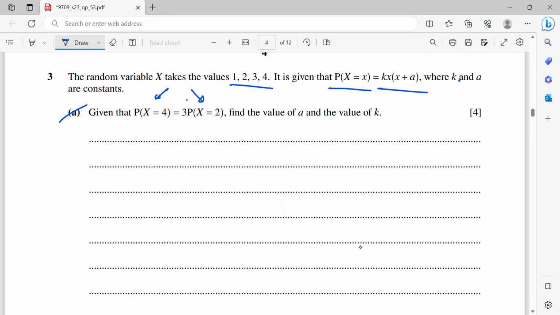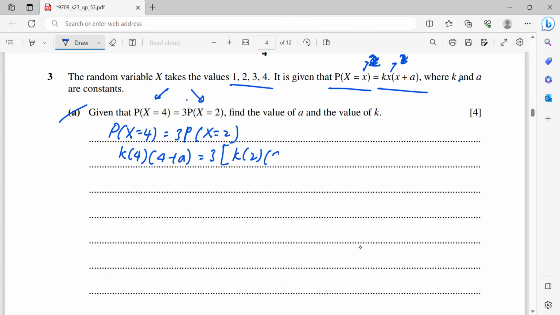So from here, I will start with P(X = 4) equals 3 times P(X = 2). When P(X = 4), you have to replace x by 4, so I will get k(4)(4 plus a) equals 3 times, when P(X = 2), replace x by 2, k(2)(2 plus a).